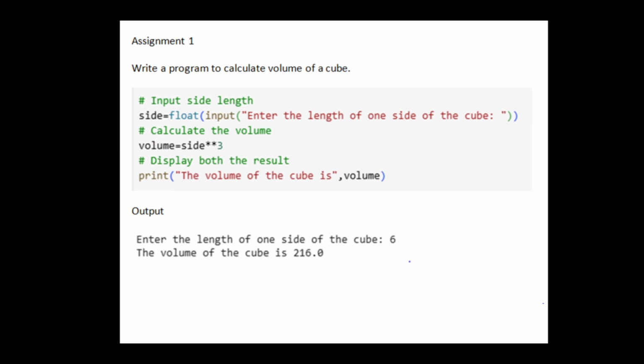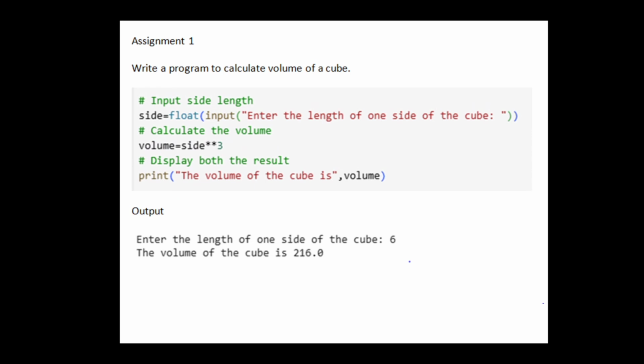Now, in the last lecture, we gave 4 assignments. This is your answer to assignment number 1: write a program to calculate the volume of a cube. A cube has 6 sides and each side has equal length, so we require the side length.